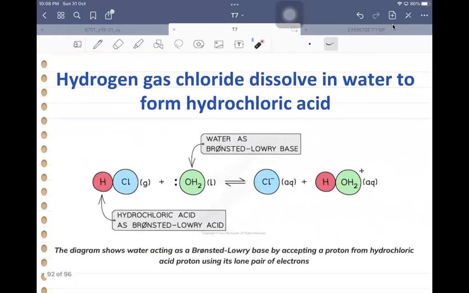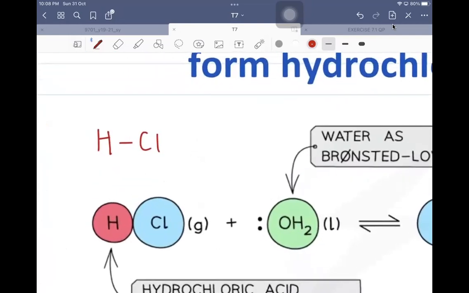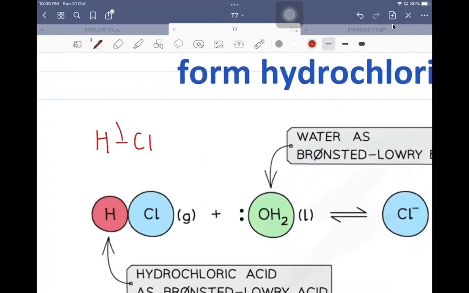Right, so what happens is hydrochloric acid is acting as a Bronsted-Lowry acid. A Bronsted-Lowry acid usually gives away its H plus, right? Now, if you look at HCl in terms of heterolytic fission, what happens is that the electrons will go to the more electronegative atom, which is now your chlorine.